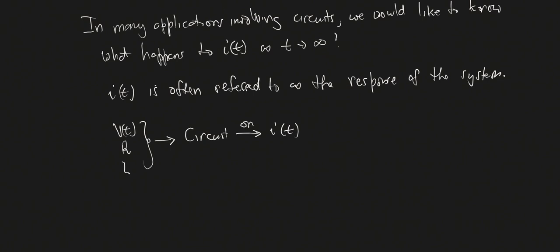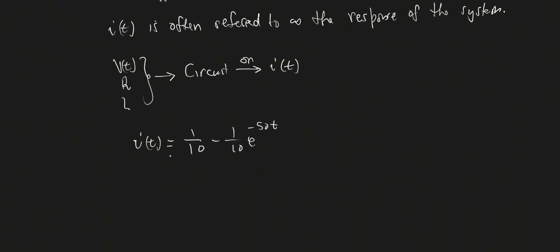Well, let's take a look at this example. Here was our response, it was this function. This response has two terms: a constant term, and this exponential term, e to the negative 50t.